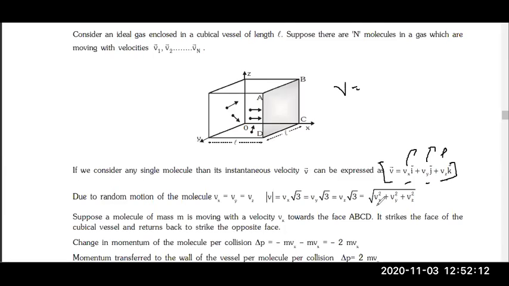So can I say that it is root of vx square plus vy square plus vz square? And since vx is equal to vy is equal to vz, it will be taken as common. So we will get v root 3. Got it? Any issues?